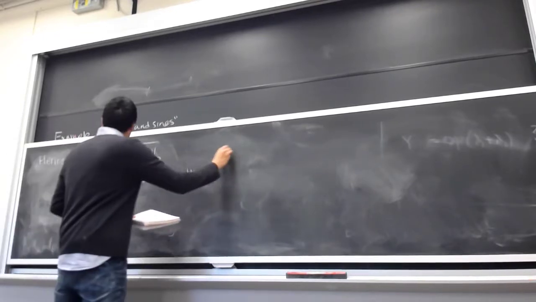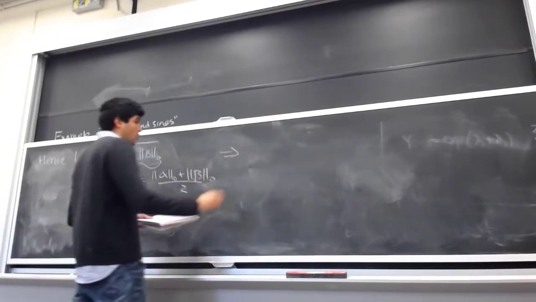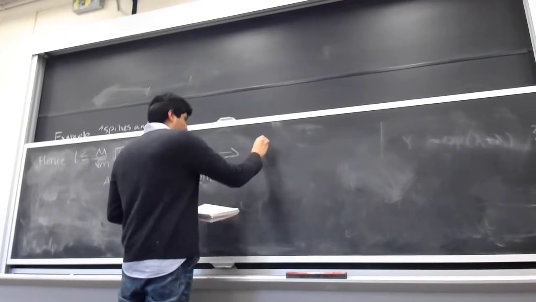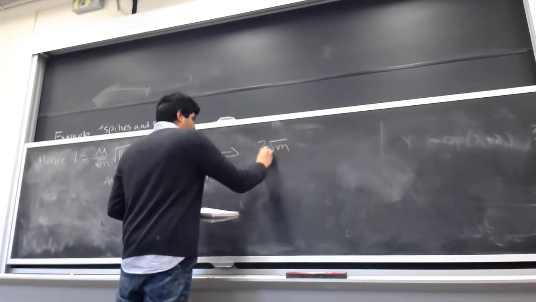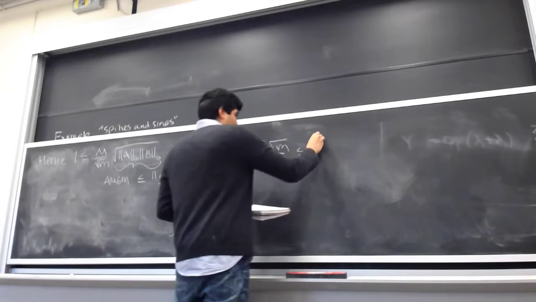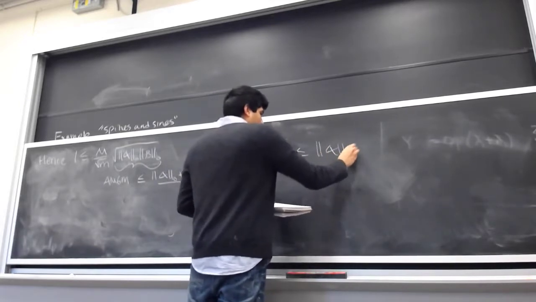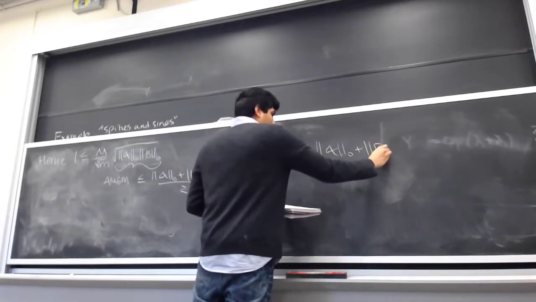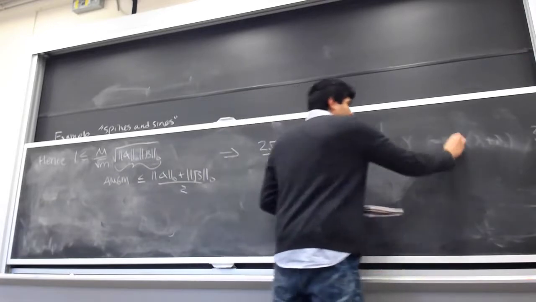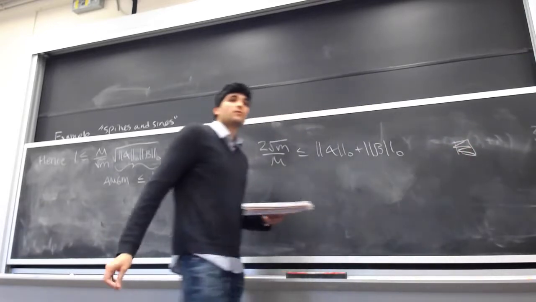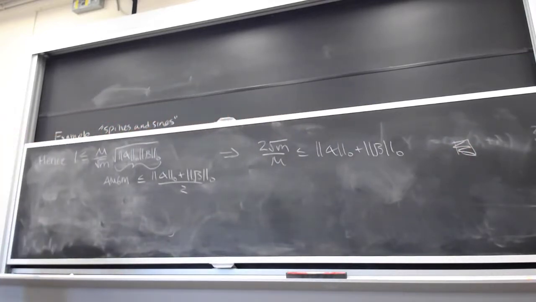So at the end of the day, what this gives us is exactly our bound when we pull it out to the other side. We end up getting 2 root m over mu is a lower bound for the sum of the sparsities. And that finishes our proof. Okay? So are there any questions about this?